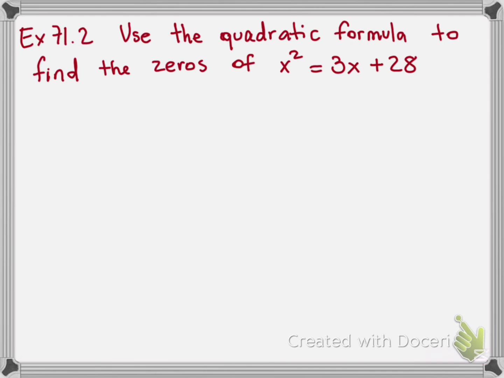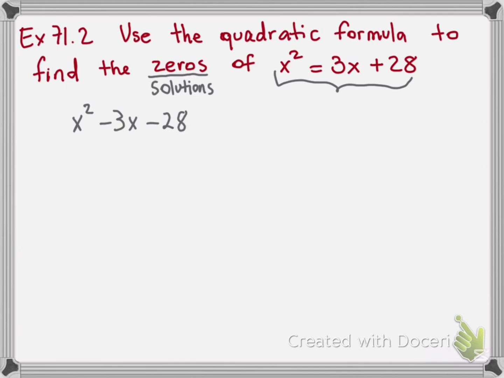Now in this second example, it's the same thing, and it says find the zeros. So again, zeros is the same as solutions or roots. Now remember, the first thing we have to do is rewrite these in order. So I want it all on the same side, and I want it in order. So I'm going to keep the a positive, so x squared minus 3x minus 28.